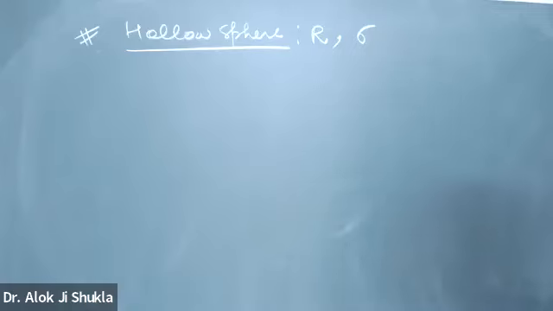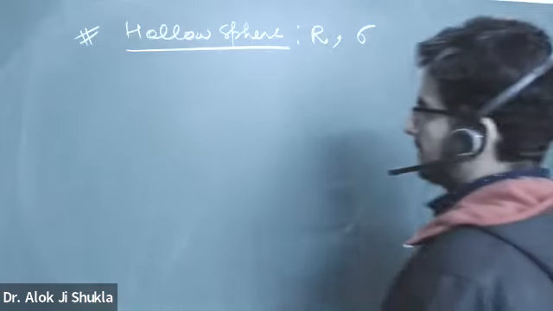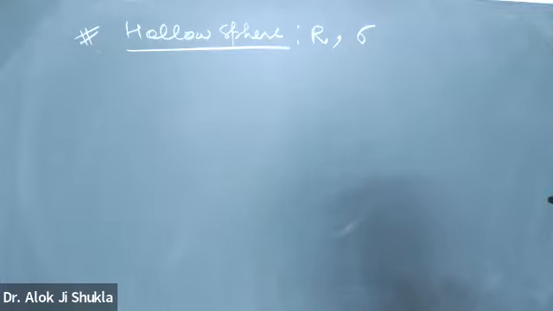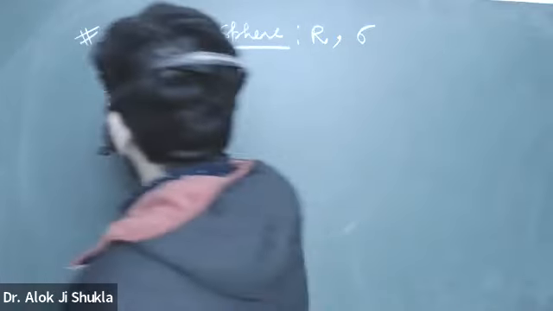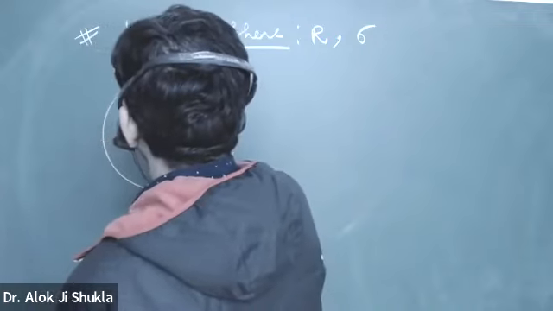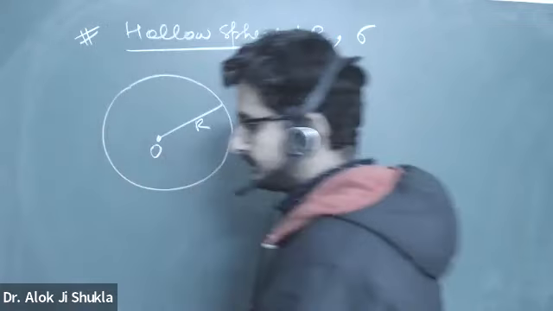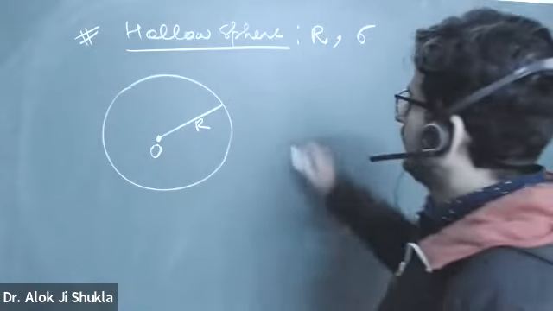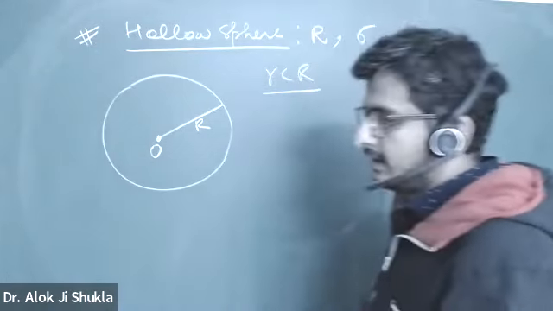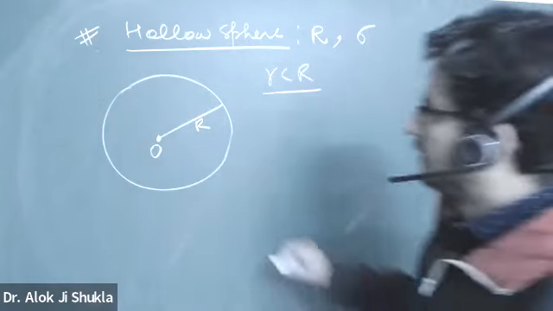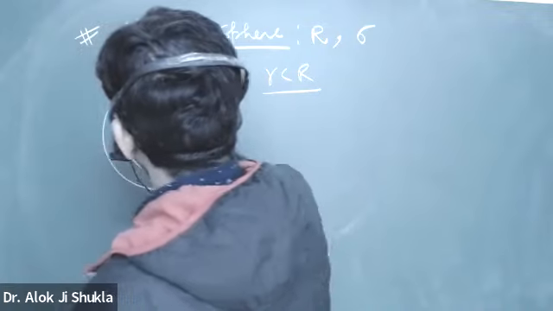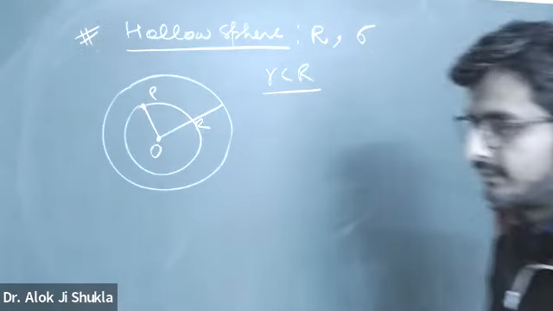So if you take a hollow sphere like this of radius capital R, center O. So if you take a point which is inside, R less than R, then you will take a point P here and draw a Gaussian surface like this.